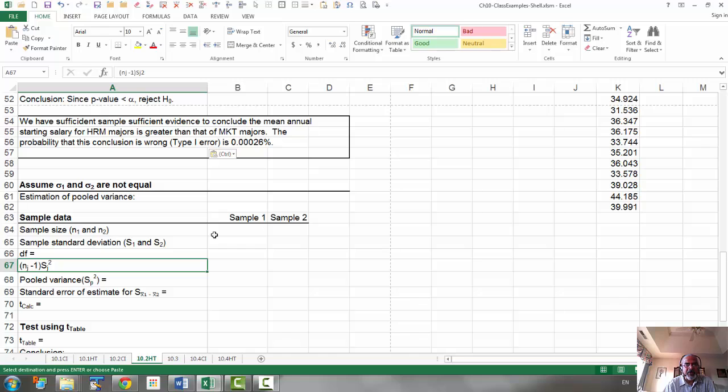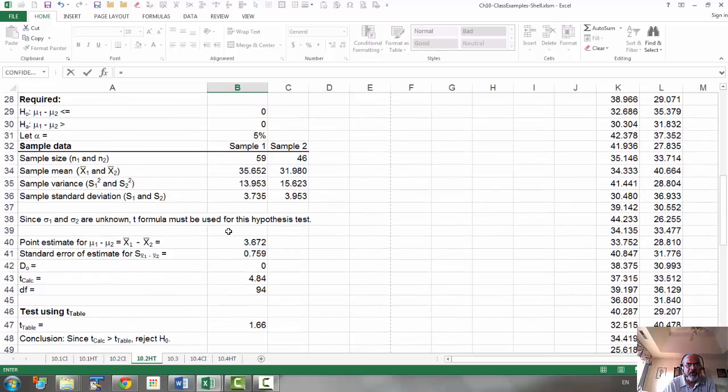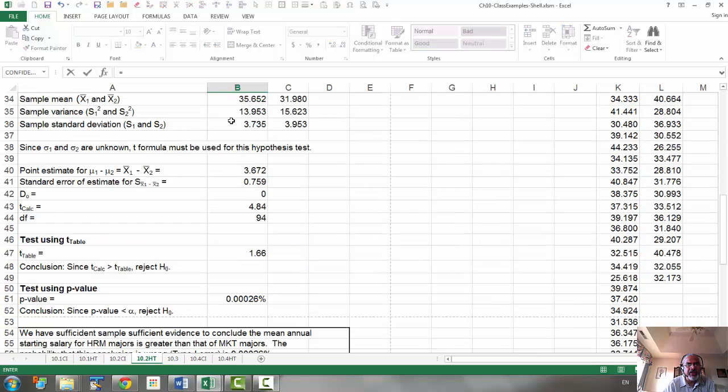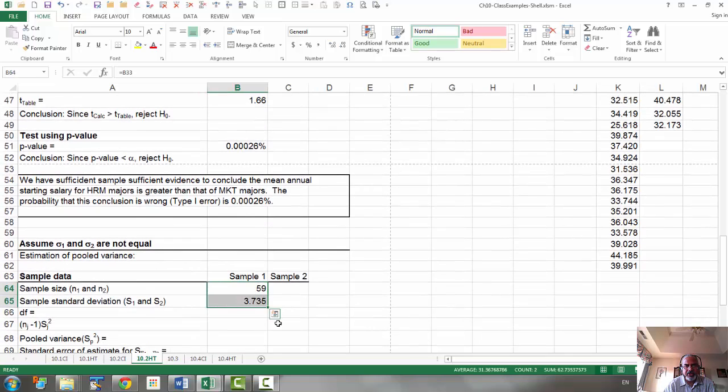So let's get the sample size and sample standard deviation from up here. That's the first sample size, and the sample standard deviation is here. Now if we copy these over to the next column, that will give us the second sample.